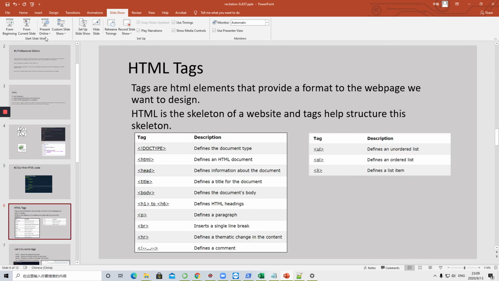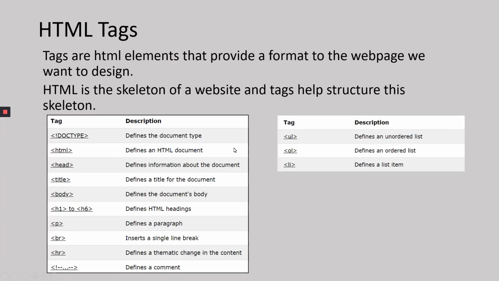Okay, so let's go to this one. I think the important thing for HTML is the tags from this list so far. I'm not asking you to memorize this stuff, but I think you will learn this gradually.